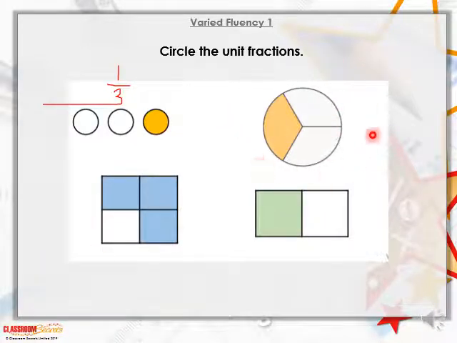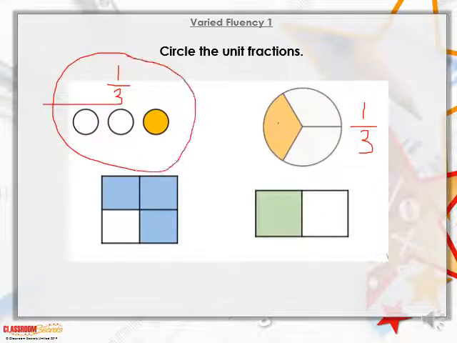First of all, let's see how many parts it's been split into to find the denominator. So 1, 2, 3. So we know the denominator is 3 on this, and then we have 1 part that's been shaded in, so another 1/3. So I can circle this one, and I can circle this one.